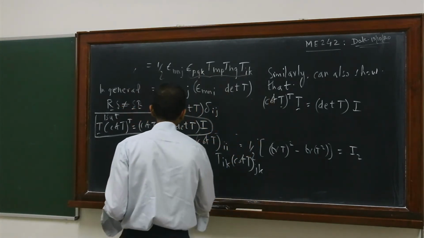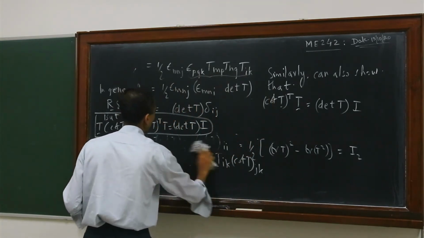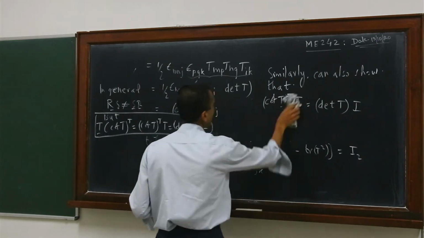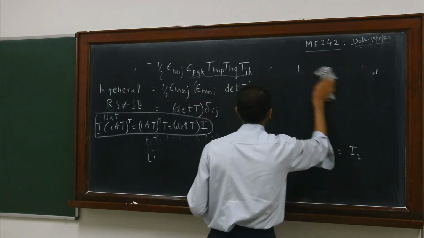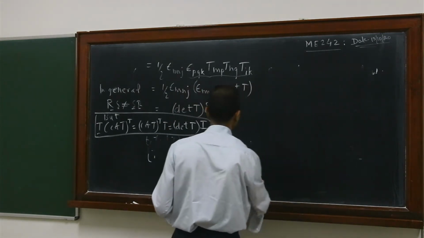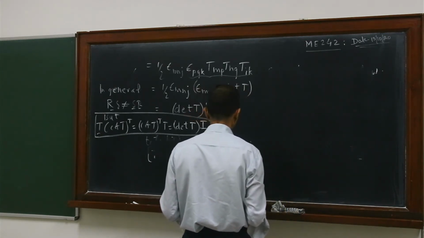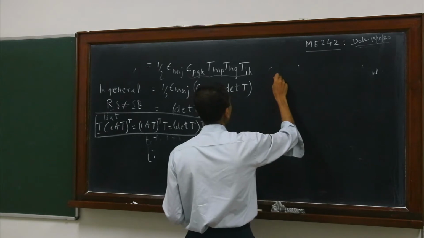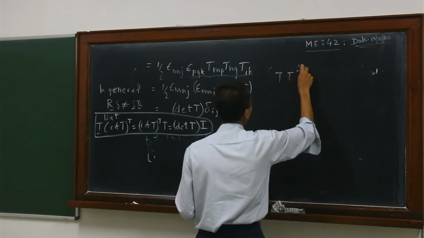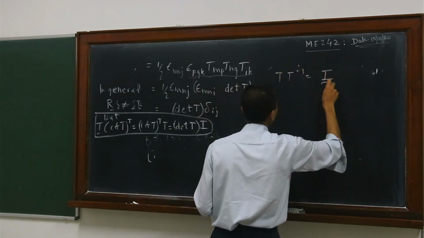Now we'll use this cofactor T to define the inverse of a second order tensor. So now we have seen that we define T T inverse to be the identity.